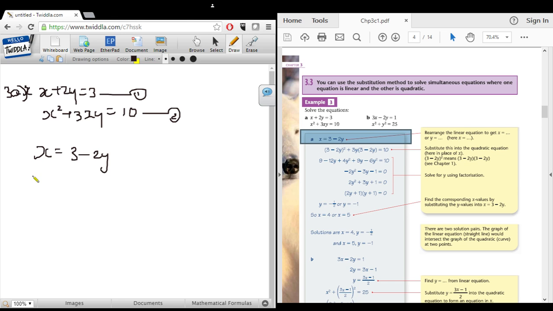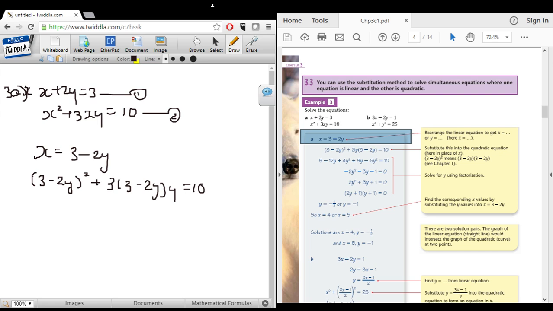Then they've substituted it in for x in equation 2: x squared plus 3xy equals 10, with 3 minus 2y in place of x.